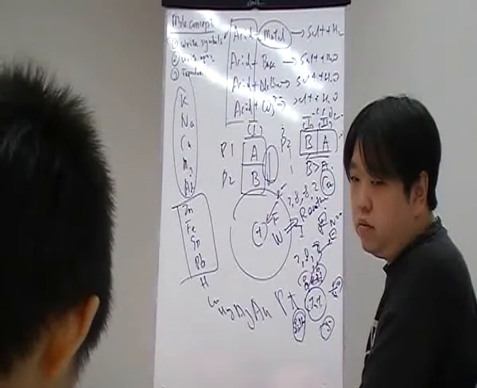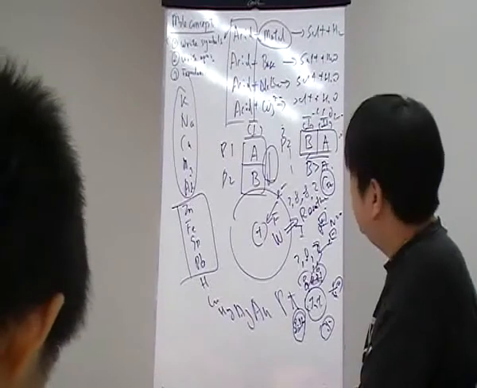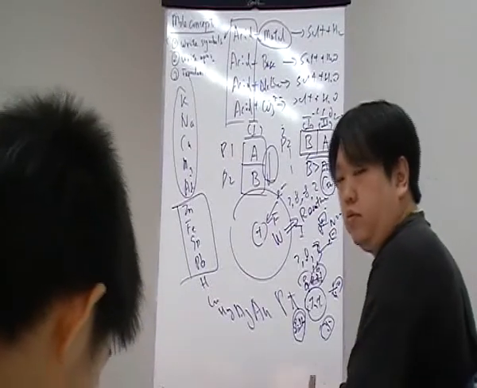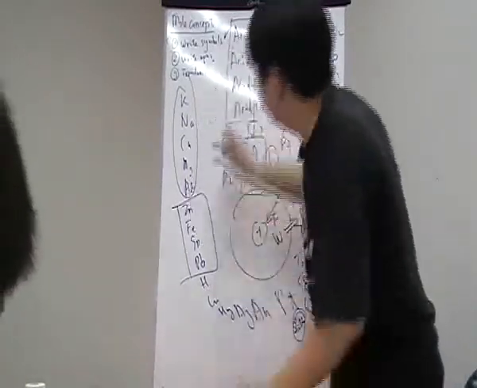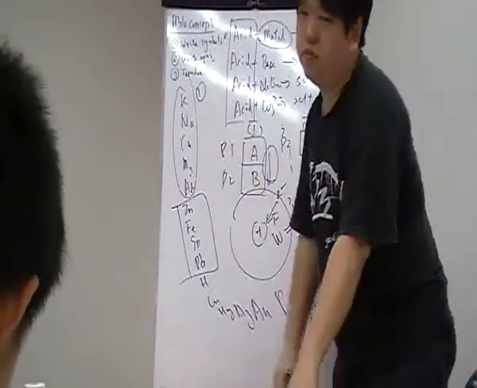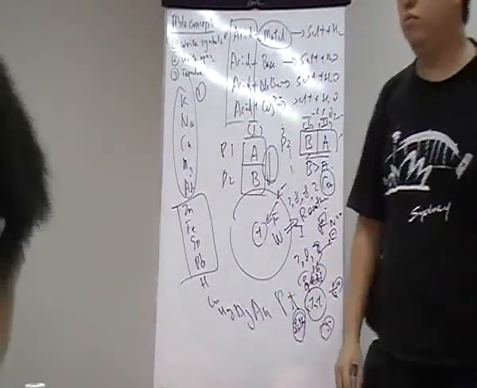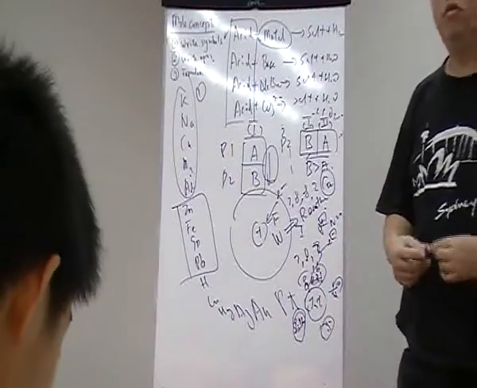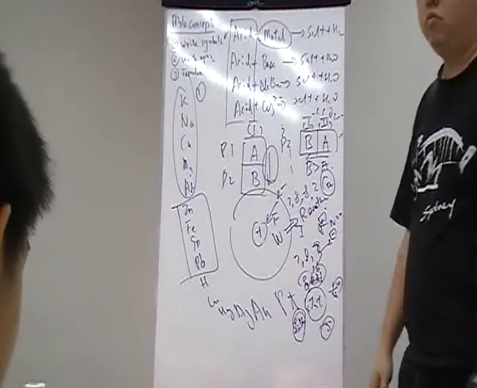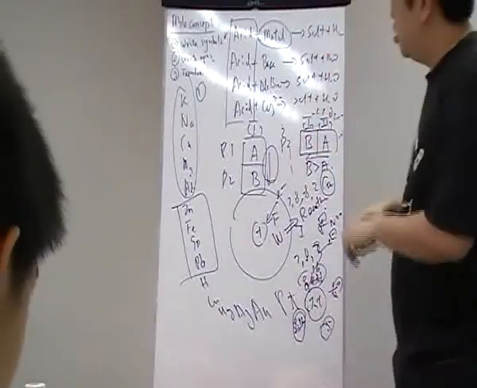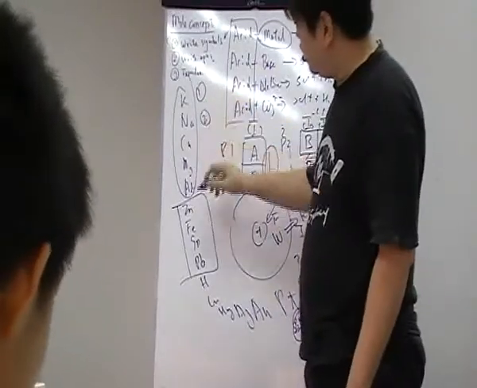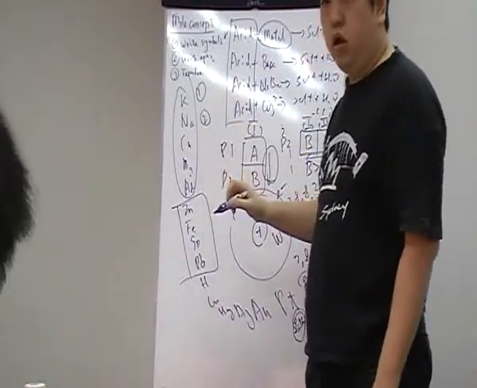Potassium. Yes. So what's next? Next, calcium. You sure? Which factor is stronger? Up and down. Sodium. Sodium, then lithium, then calcium.